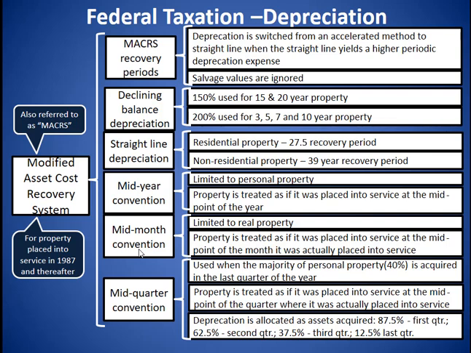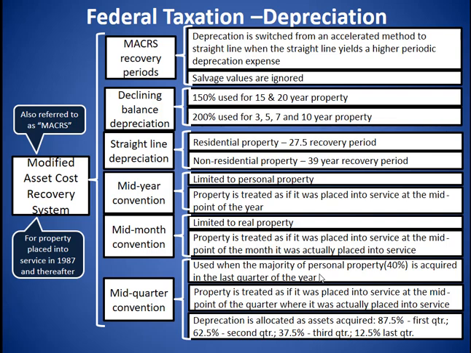There's also a special type of depreciation called mid-quarter convention, and this is used when the majority of personal property, and that's 40% of the property purchased during the year, is acquired in the last quarter of the year. The property in that case is treated as if it was placed into service at the midpoint of the quarter it was actually placed into service.